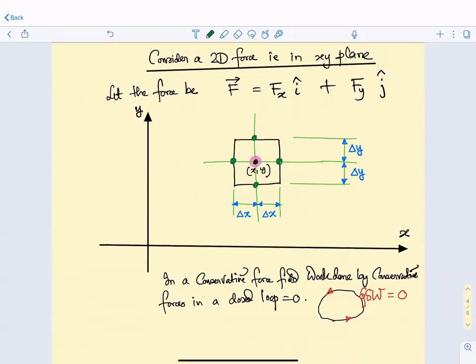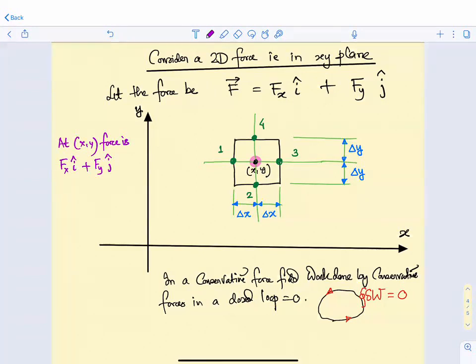Okay. Now let's name the points. This is 1, this is 2, this is 3, and this is 4. Now at point 1, what is the y component of the force? See, at x, y the force is Fx i cap plus Fy j cap.